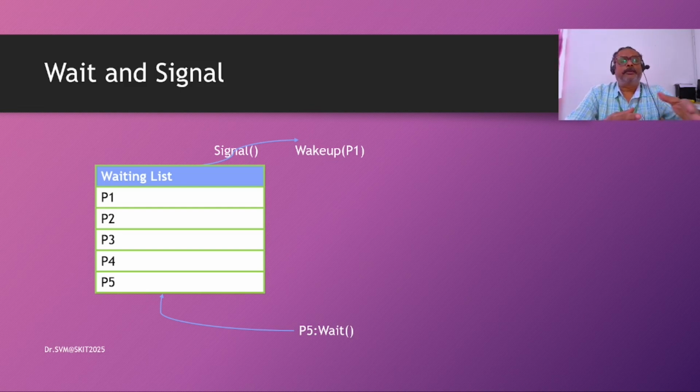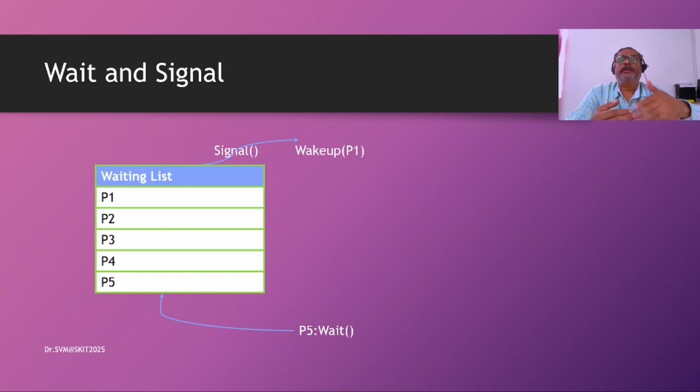And the process P1 was blocked some time back, and when the resource is available now, then P1 is woken up and told that now get up, go to the ready state, and the scheduler will decide when this P1 gets its chance.